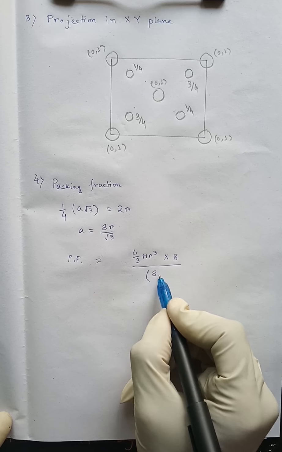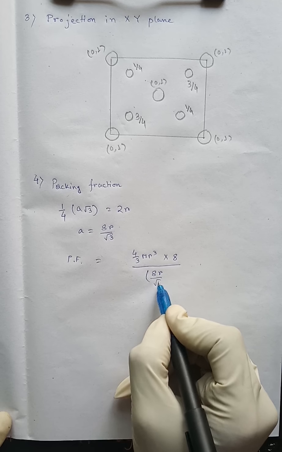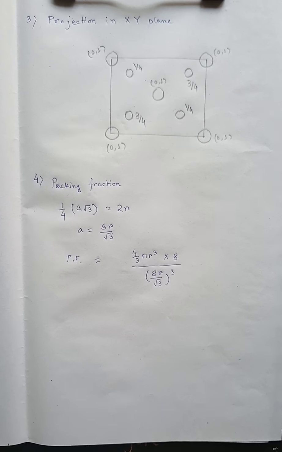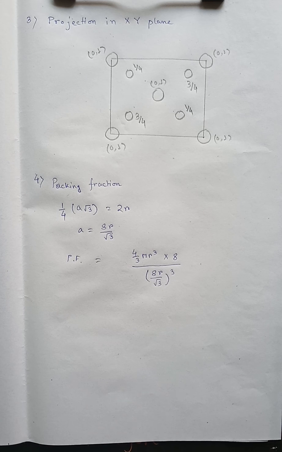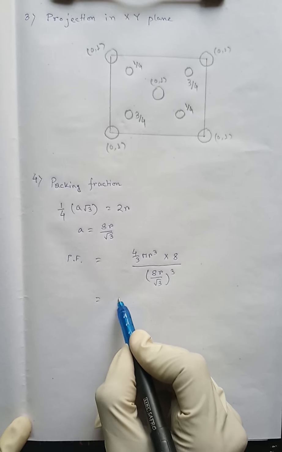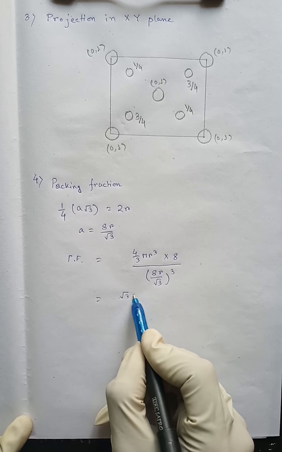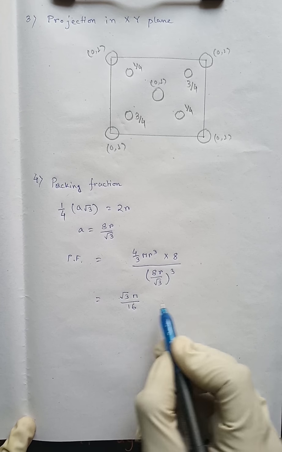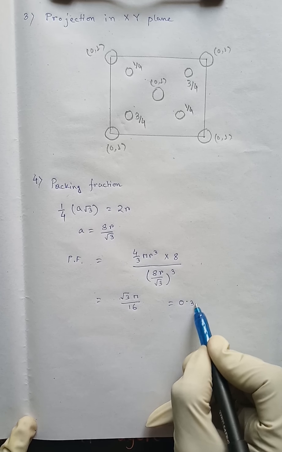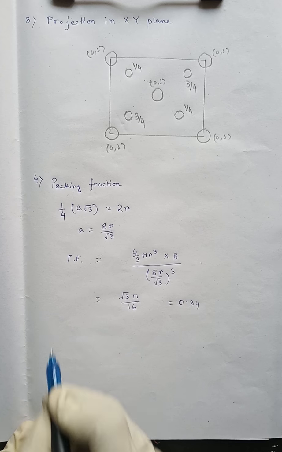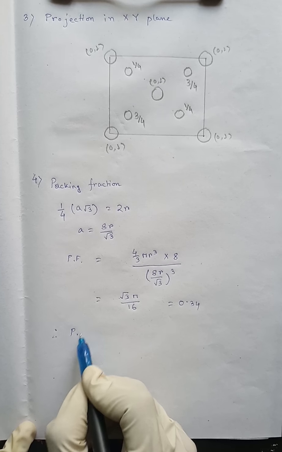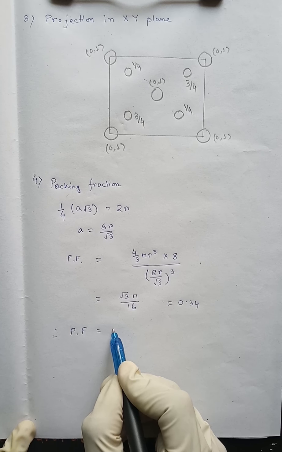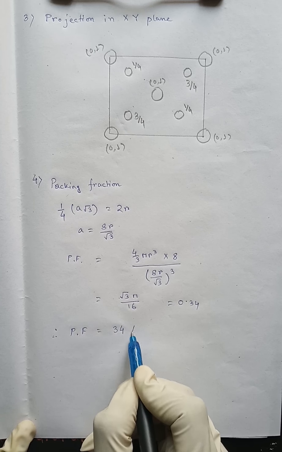So 8r by root 3 cubed. From this we will get root 3 pi by 16, which is equals to 0.34. So the packing fraction in percentage will be 34%.